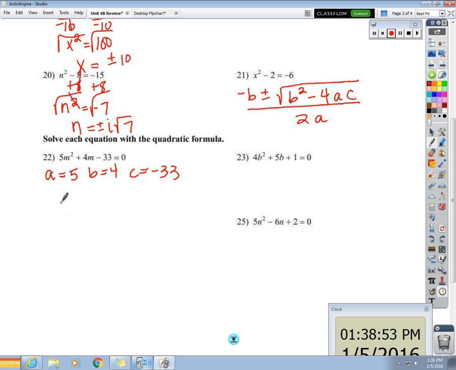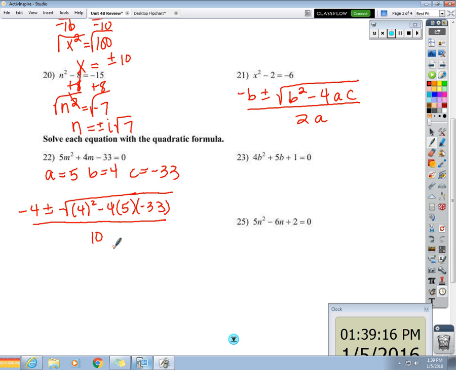So now when I go to plug it in, what will it look like? And what is 2 times 5? Right, we're just going to skip straight to that.